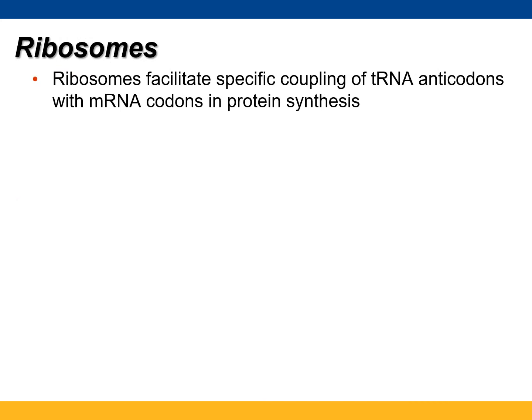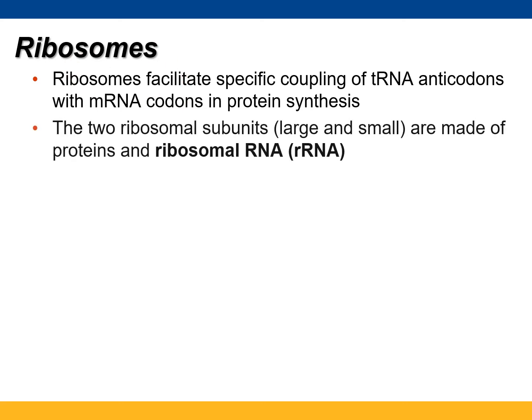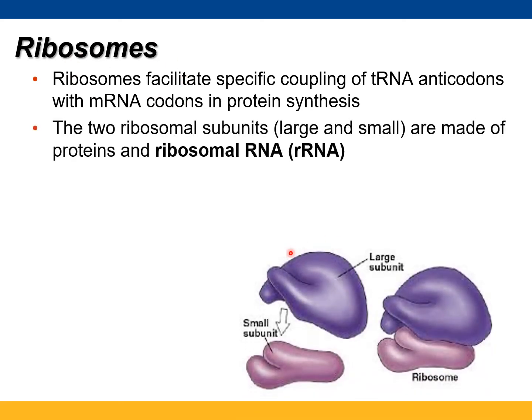Now moving on to the next molecule that's involved, that would be the ribosome. The ribosome is composed of two subunits, a large and a small, and some ribosomal RNA, a semi-catalytic form of RNA. Again, one of the most highly conserved molecules in all of life.